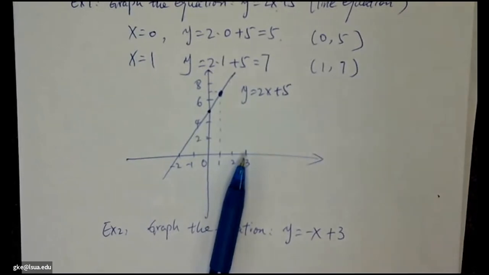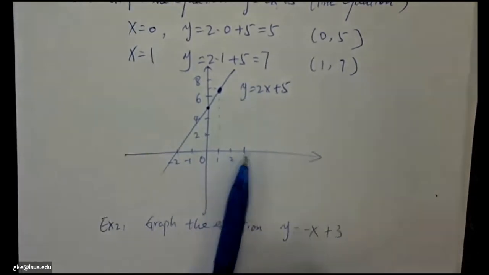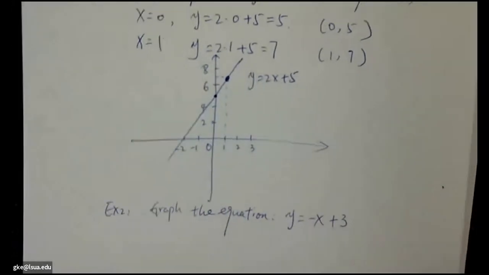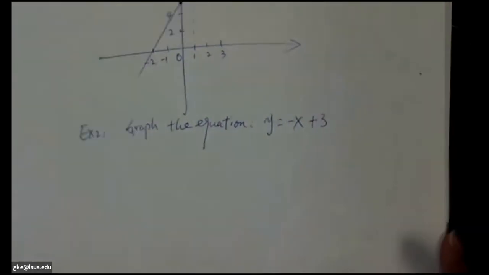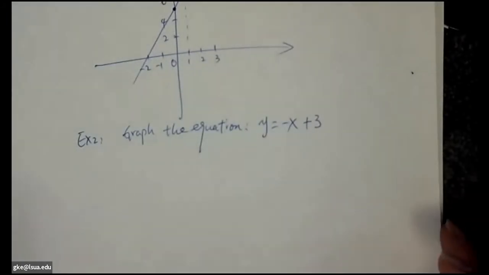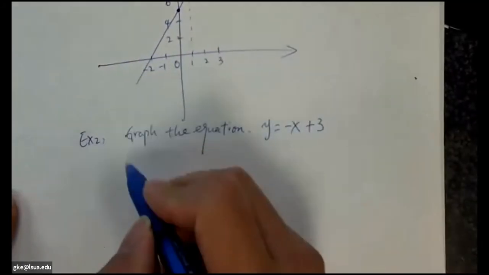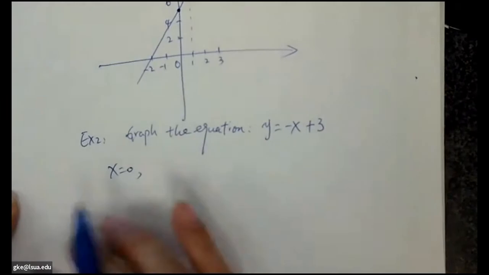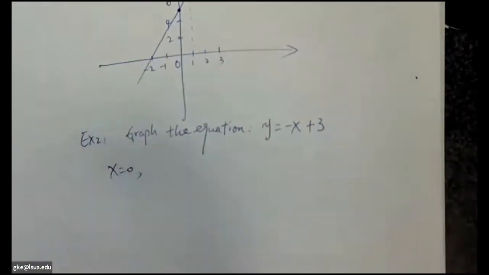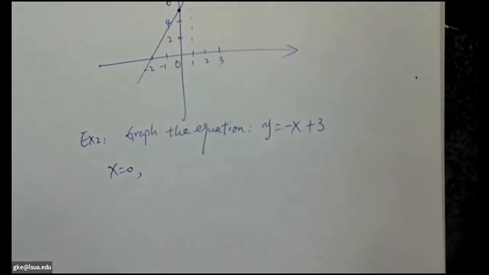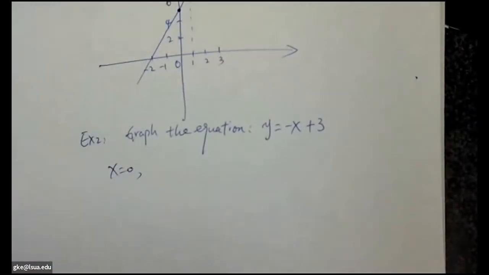Okay, now it's time for me to write down the answer on the board. Let's take a look. So for this one, the same thing. It's a line equation. We just need to pick 2 points. For example, I pick x equals 0. X equals 0 is always the easiest one, right? So I just pick the easiest one. Of course, you can pick x equals -1, -2, whatever value you want, or even a decimal.